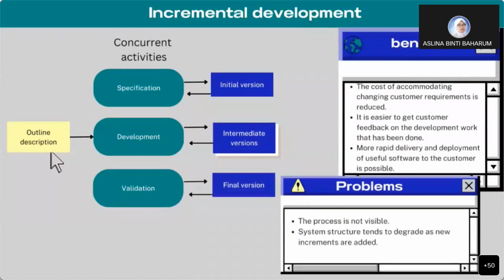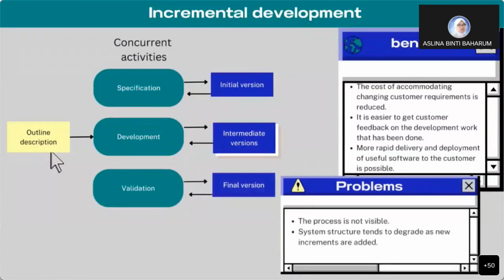In development activities, once we track the progress of our development, we can release the intermediate versions of our software. And last but not least, validation. Once we validate our projects, we can release the final version of our software.